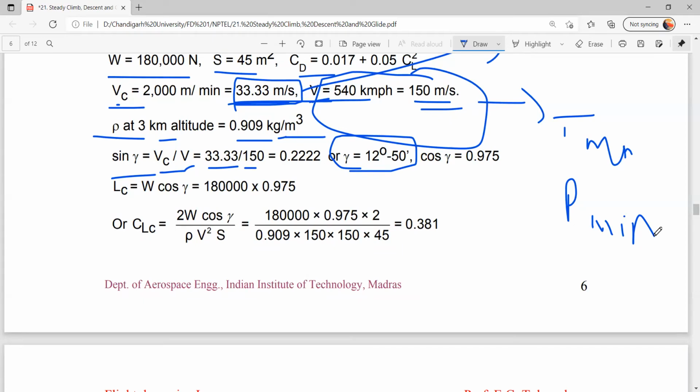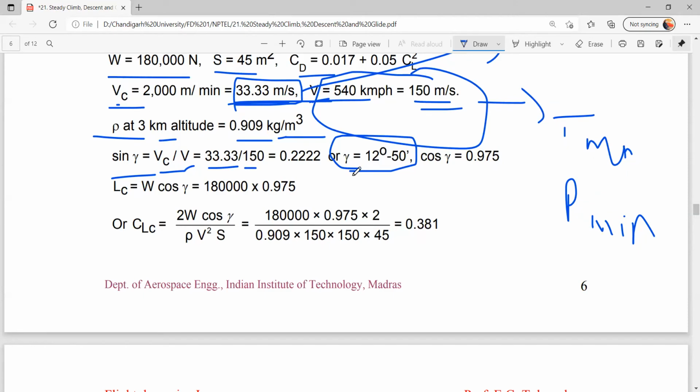But always we have to go for minimum thrust in all the phases, because minimum thrust will give good fuel efficiency. Minimum drag condition and minimum power condition both have advantages of their own. So choosing this angle of climb and rate of climb is one of the important factors.